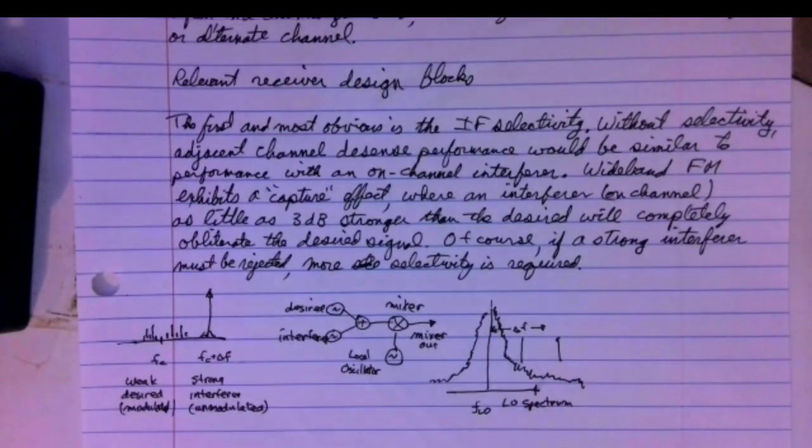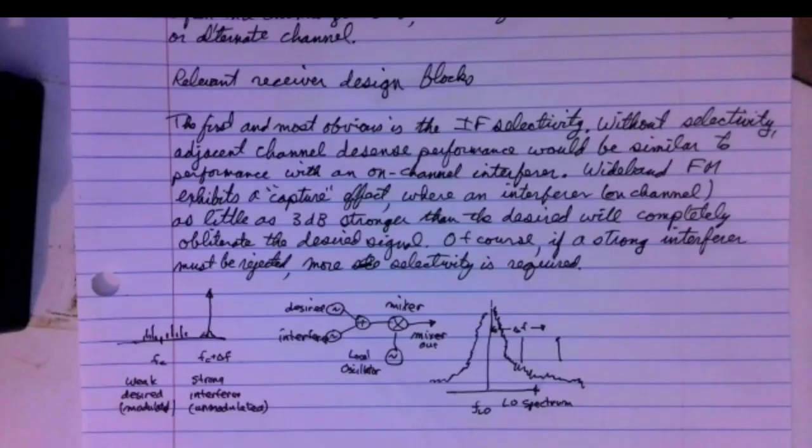Again, selectivity is important, and I have seen FM receivers that have 90, 95 dB IF filter selectivity. If you have a filter that's 10 or 11 kilohertz bandwidth and has 95 dB selectivity by the time you get to the adjacent channel's center, that's pretty impressive selectivity.